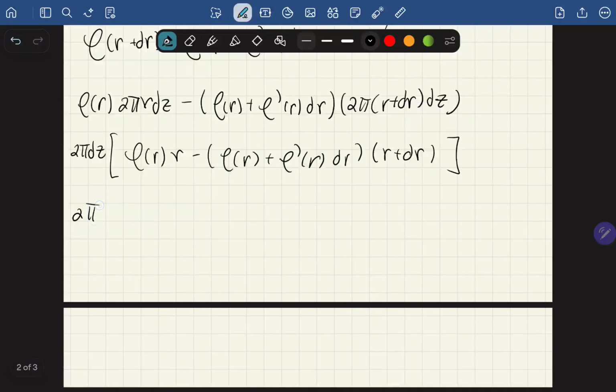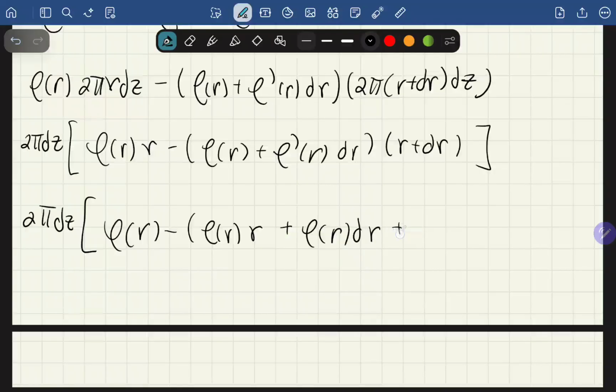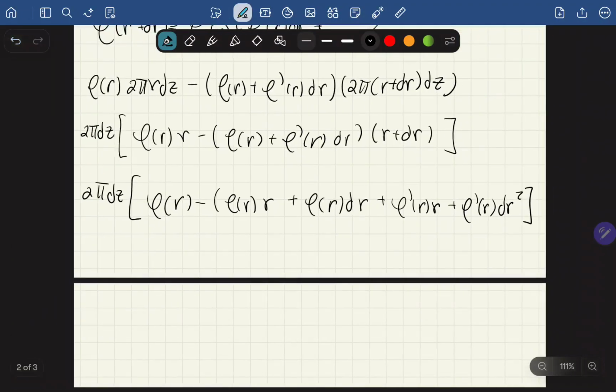So this is going to be 2 pi dz that multiplies phi r r minus, phi of r times r plus phi of r dr plus phi prime of r times r dr plus phi prime of r dr squared.